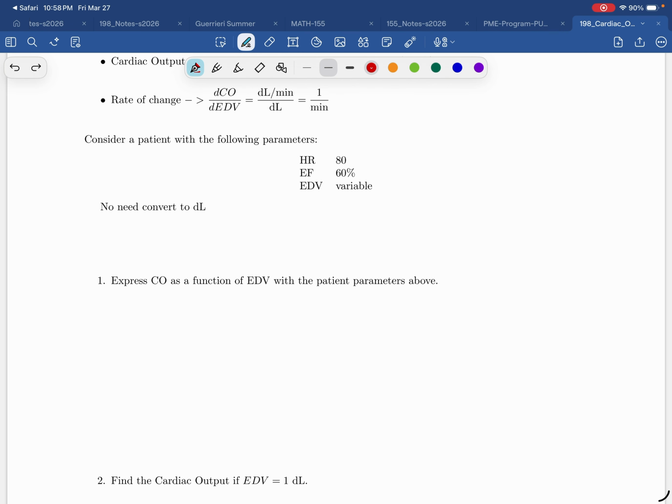So again, using equation 2 from way above, we wrote heart rate times ejection fraction times EDV. But since cardiac output is a function of EDV, let's emphasize that these are constants and this is our variable.